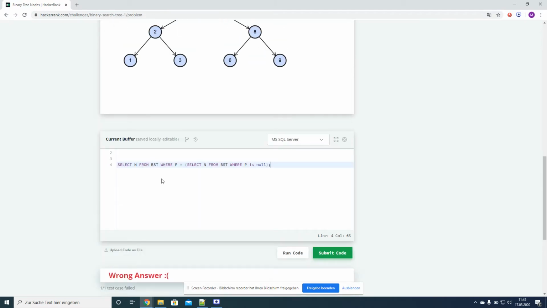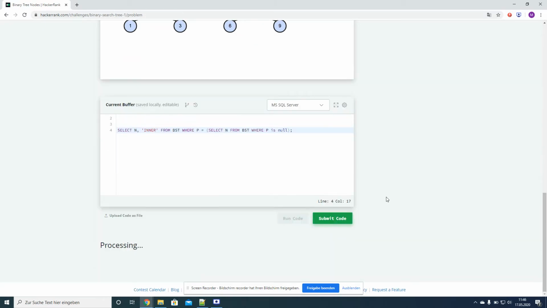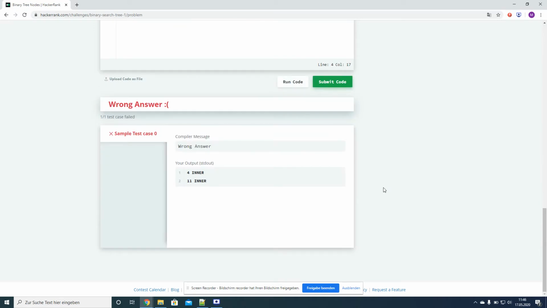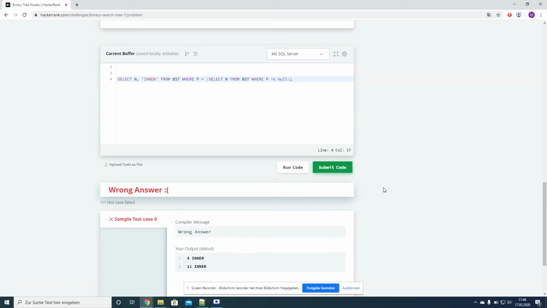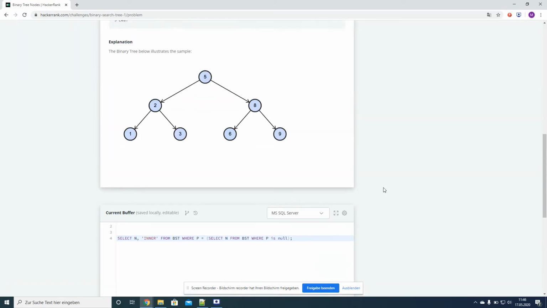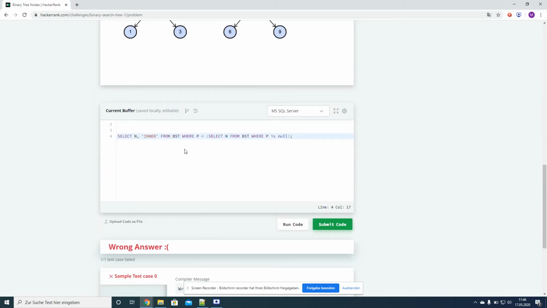So this one was the definition of inner. We can write inner. Let's just test this. Okay, this is working. Let's make the first.